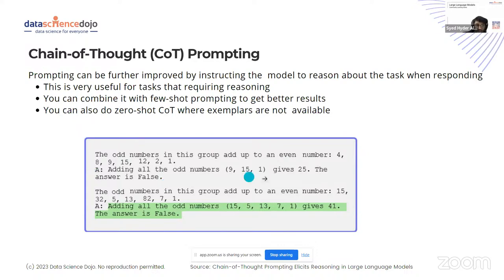This is our own example: we created the answer, adding all the odd numbers, we see 9, 15, 1 gives 25. The answer is false. Then we gave our query, the odd numbers in this group add up to an even number. Now it reasons the same way: adding all the odd numbers gives 41, the answer is false.